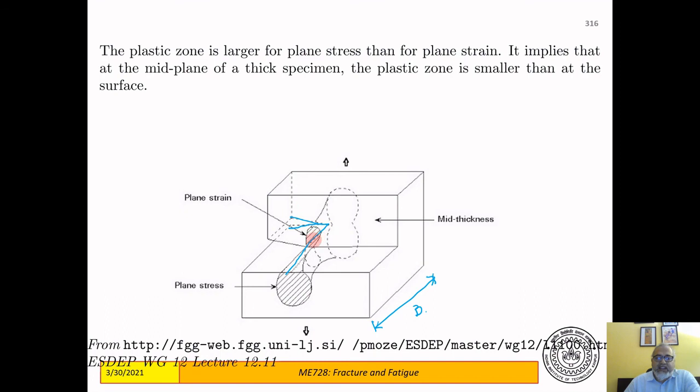So at the center of the specimen, far away from the boundaries, remember at the boundaries this stress is equal to 0, because the normal is in the n3 direction and this is a traction free surface. So sigma 3 is almost equal to 0 at the surface, and therefore at the surface you have close to plane stress conditions prevailing.